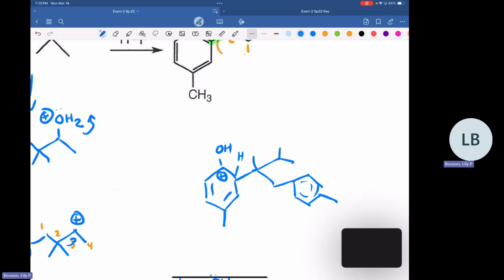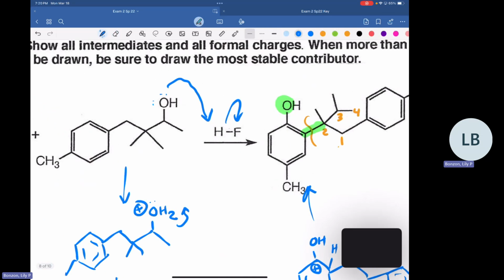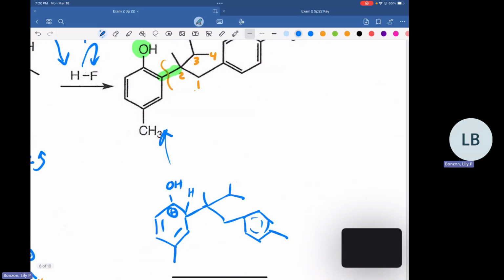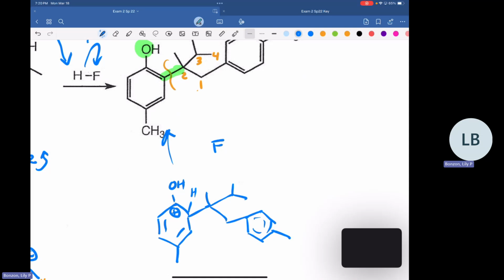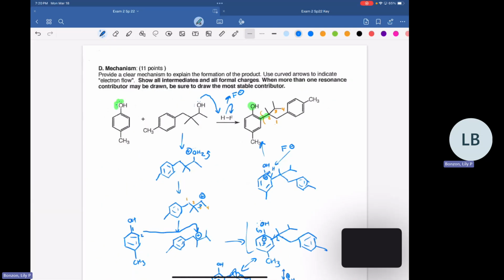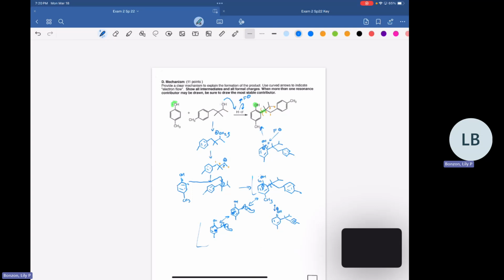All right, so what we can do is throw back to the first step where we took that hydrogen, we formed a negative fluorine. So now we can just do a simple elimination. This fluorine can take back a hydrogen, and that hydrogen can donate its bond back to the benzene ring to reform the benzene structure. And then you have your final product.